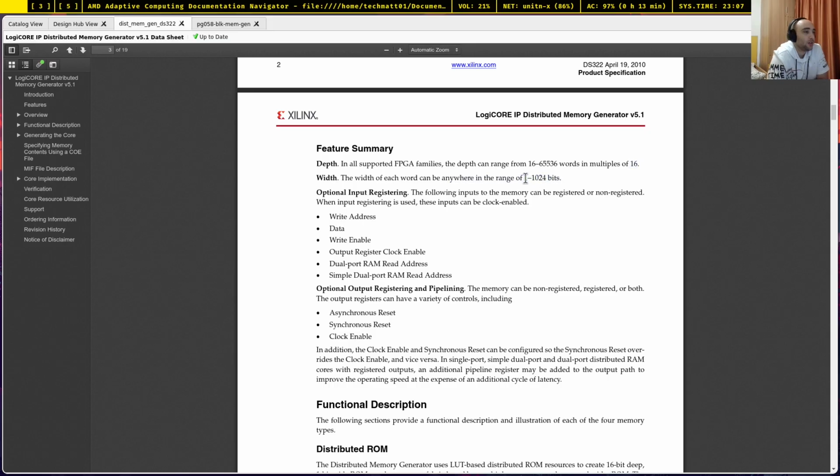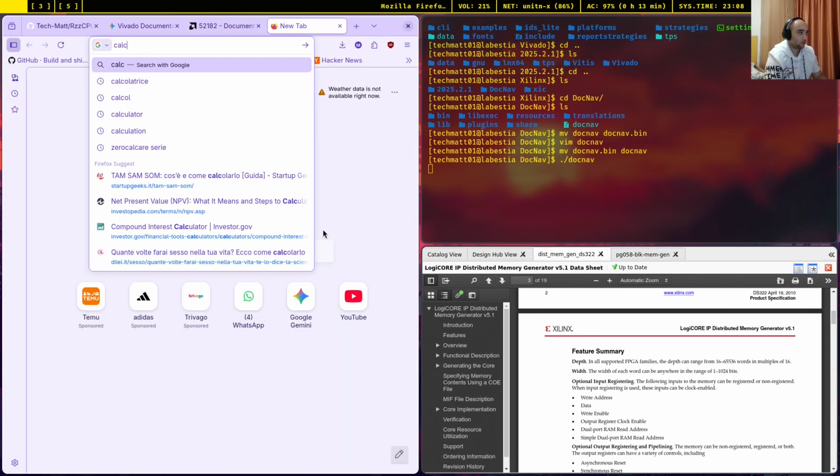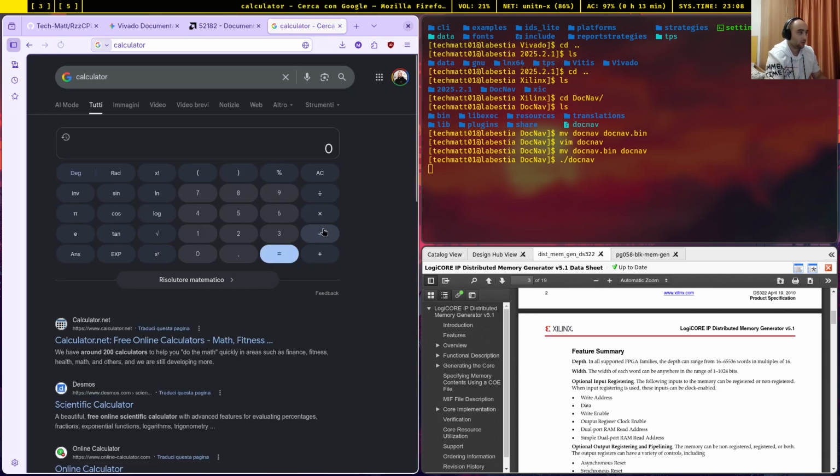So let's say we have a word of 1 bit, which is not going to be, no, it doesn't make sense. That's a word of 1000 bits. So that means that, if we have 1024 bits, they are 128 bytes.